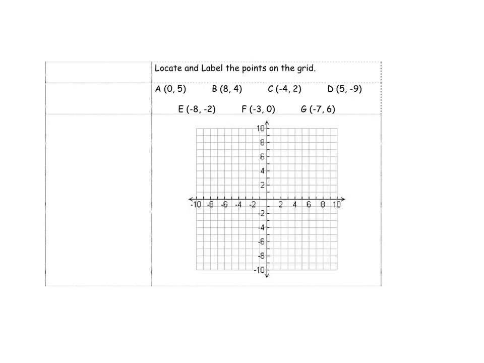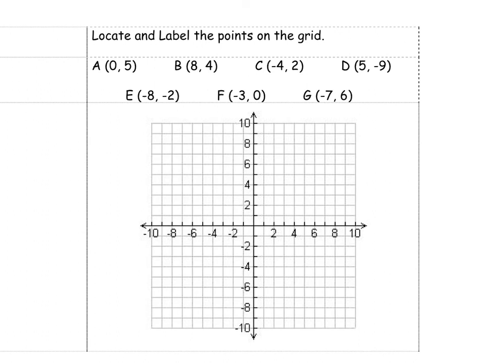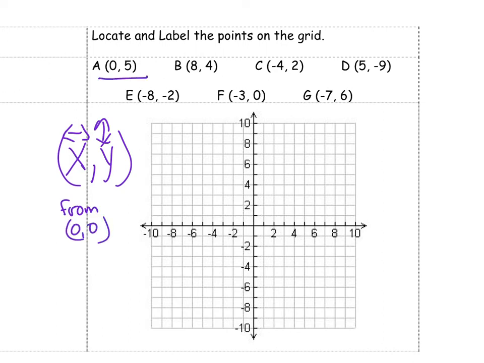So now we have to locate and label. I want to remind you one more time that the x is the first number, the y is the second. The x is how far we go horizontally, the y is the vertical from the origin. So from 0, 0. So 0, 5.